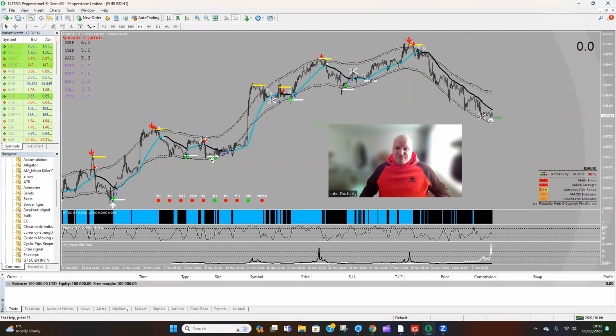Okay. So as you can see here, we've got lows, higher highs, higher lows, higher highs, higher lows, a little bit of consolidation, create a higher high, higher low, higher high, higher low, higher high. Now you can see as we come up with a trend, we've got arrows.